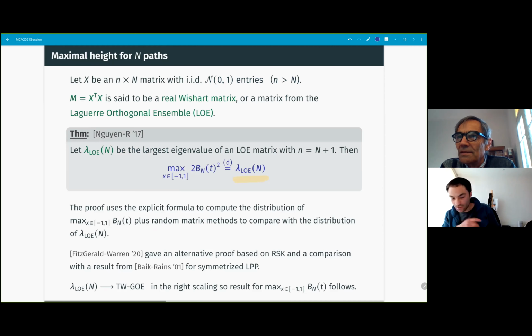You can build a model on triangular arrays of particles, and on one side of the array you would see, say, TASEP, and on another side something like non-intersecting Brownian motion, which is a random matrix model.